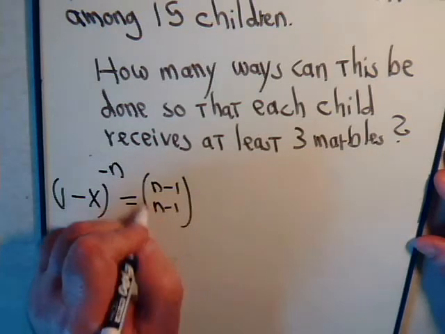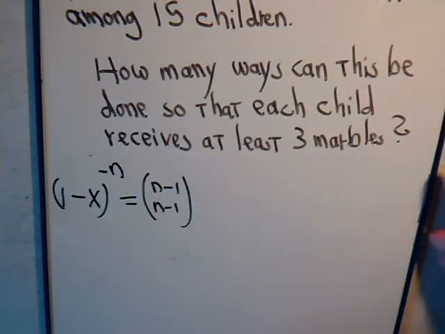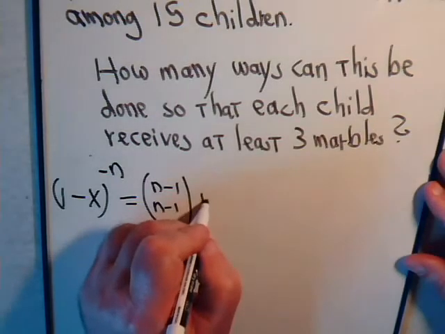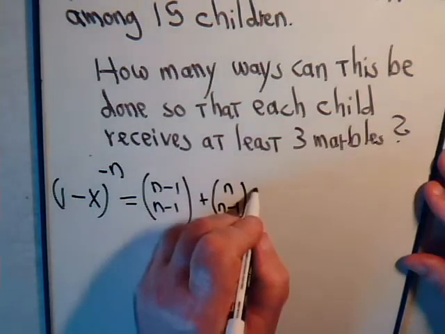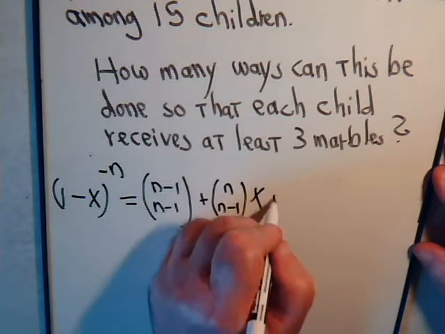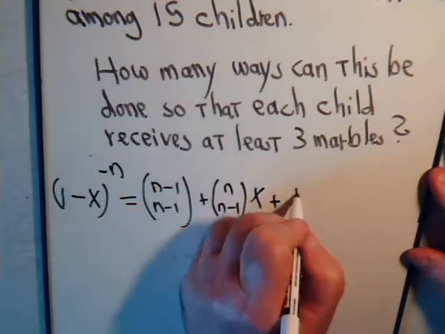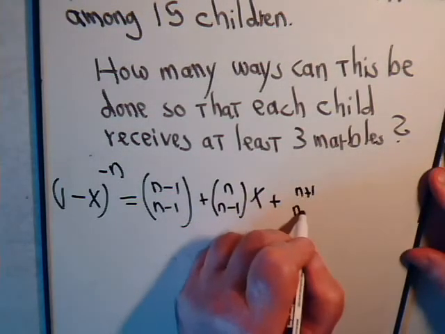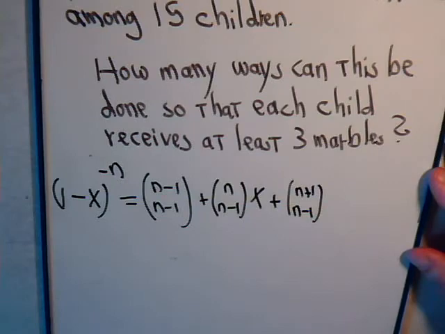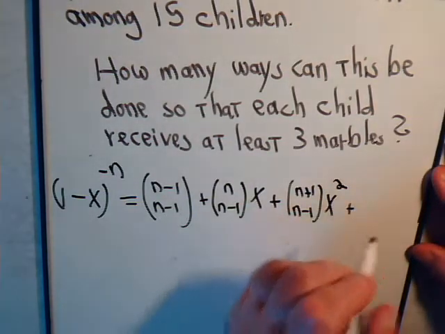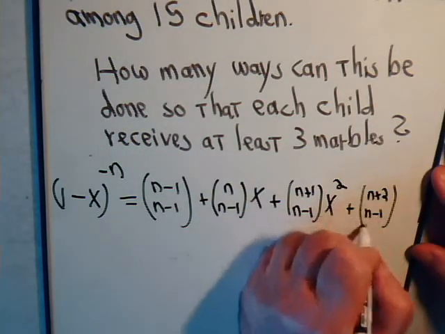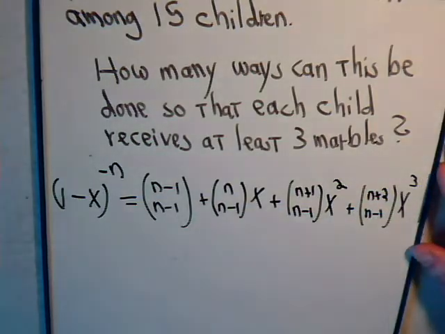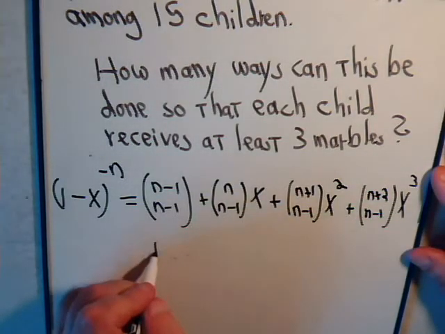This binomial coefficient, which is just 1, but we write it like this so we can remember the pattern, plus the next one is n plus 1 over n minus 1 x squared plus n plus 2 over n minus 1 x cubed, and this goes all the way on out to infinity.